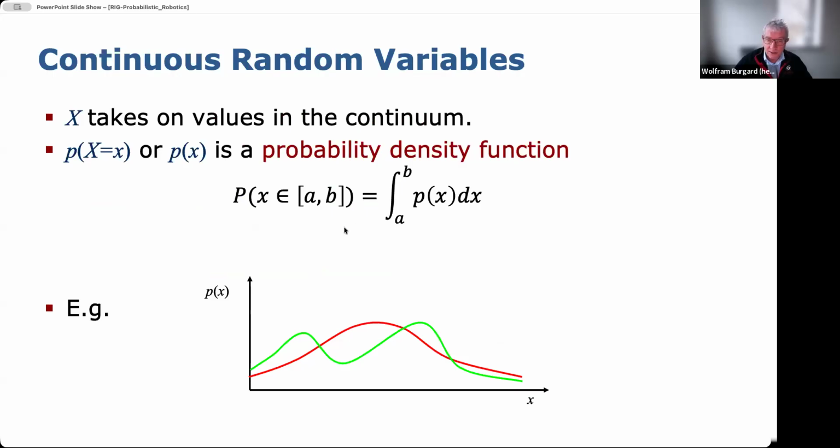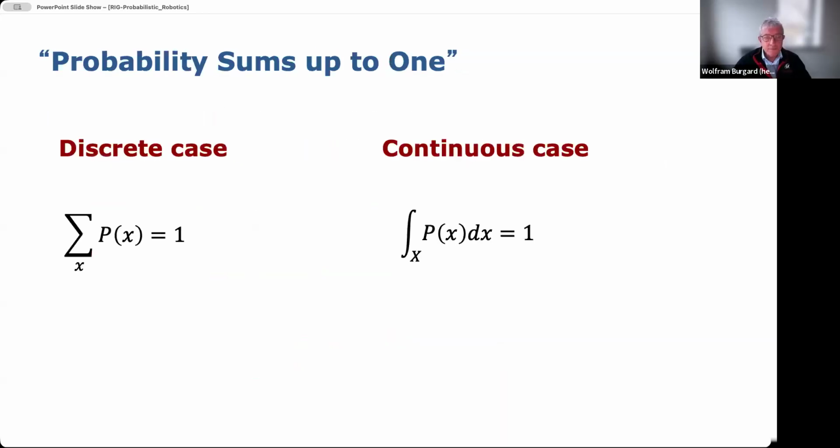Rather, you always reason about these intervals here. But in principle, everything is very similar here. Another fact that we will make use of is that in the discrete and continuous case, these probability densities typically sum or integrate up to 1. So the area under the curve is always 1. And this is something that we will need in a few seconds.